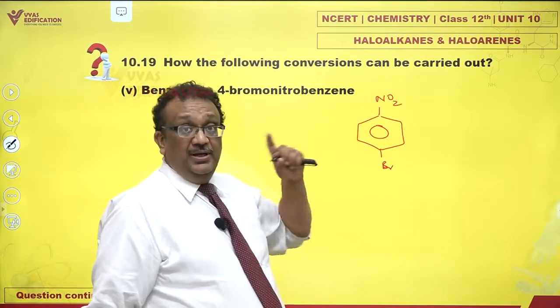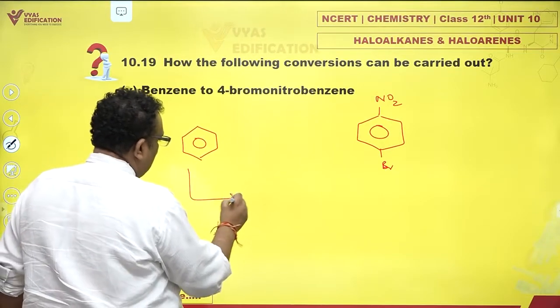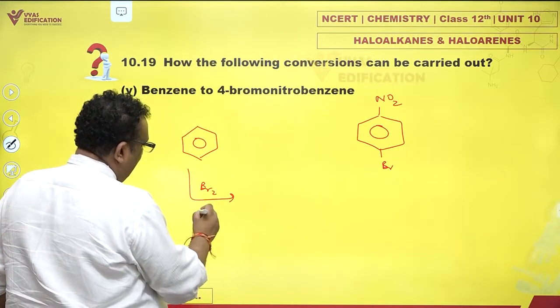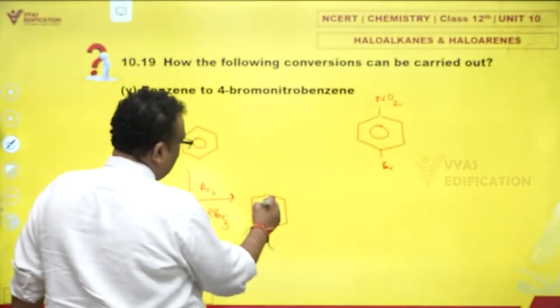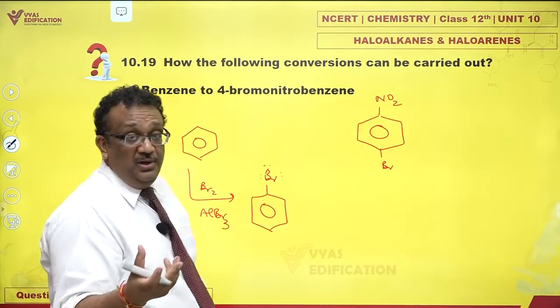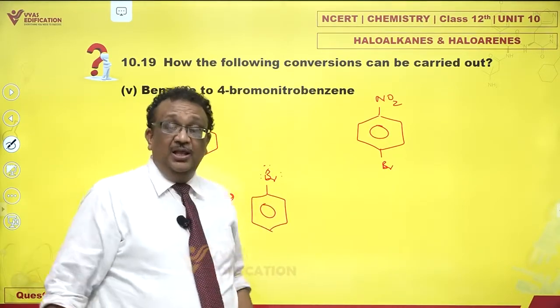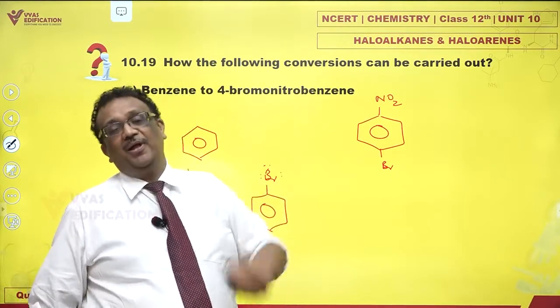Bromo, the Br group, is ortho-para-directing. This is good. So I use bromine with AlBr3 and I get bromobenzene. Very good. Bromine is a big group. It is ortho-para-directing, and because of its bulk, ortho is not favoured, so it is typically para-directing.